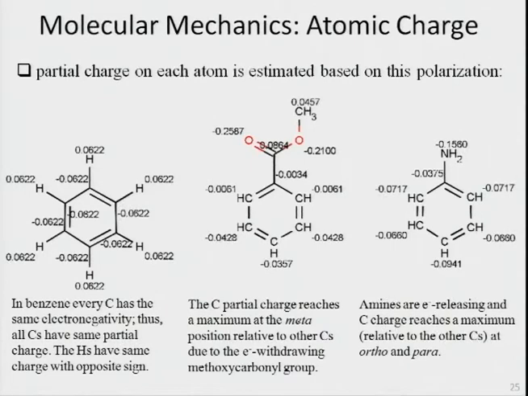It will pull electron density away from the carbon atoms in the ring, so that it will have a relatively smaller or more negative partial charge. In a similar fashion, if you put something like an NH2 group on here, which is an electron donor, you will increase the negative charge of the remaining carbons in the ring.